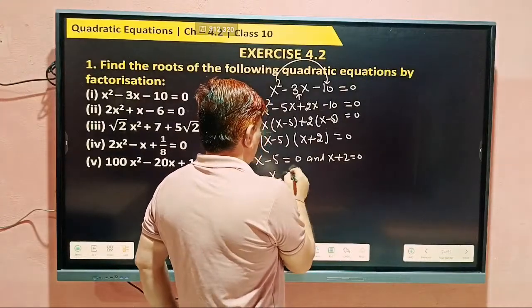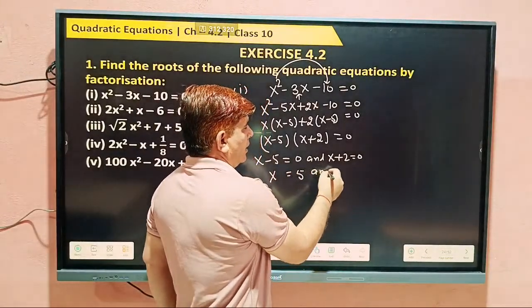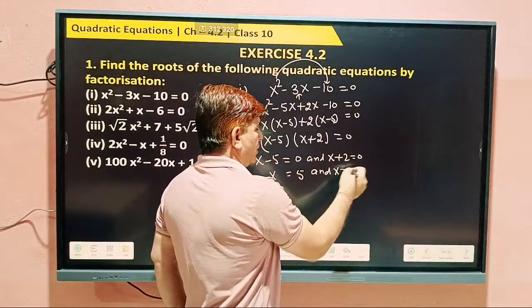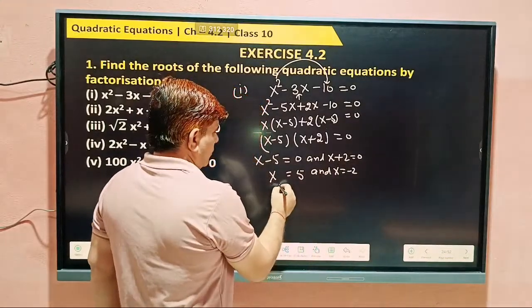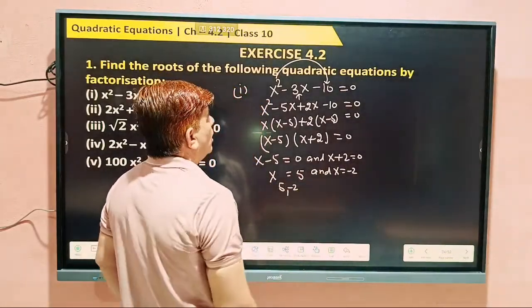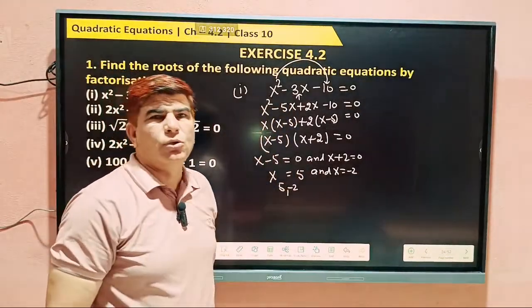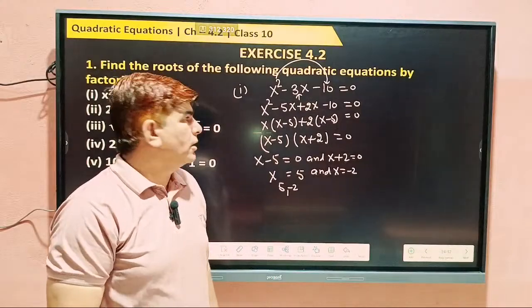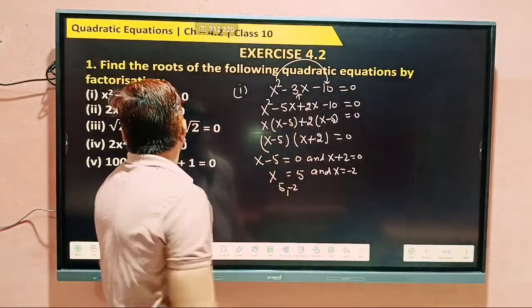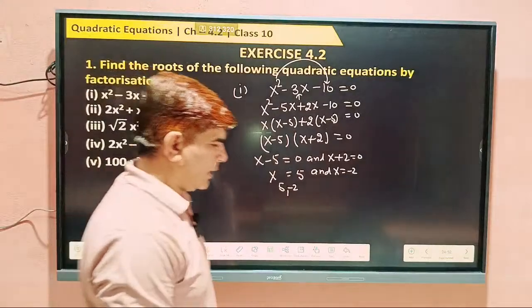So x equals 5 and x equals minus 2. So 5 and minus 2 are the roots of this quadratic equation.